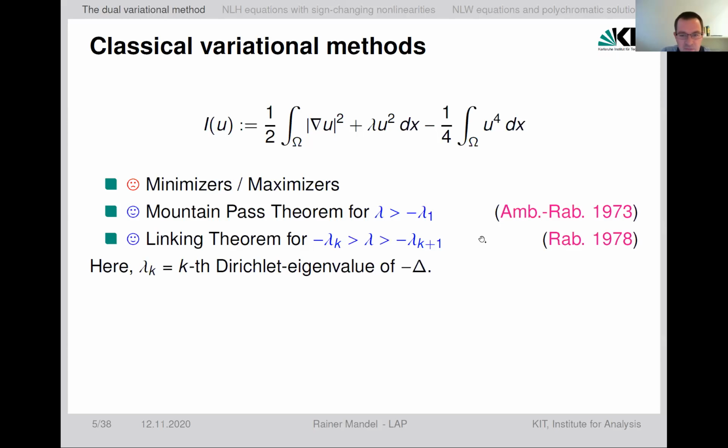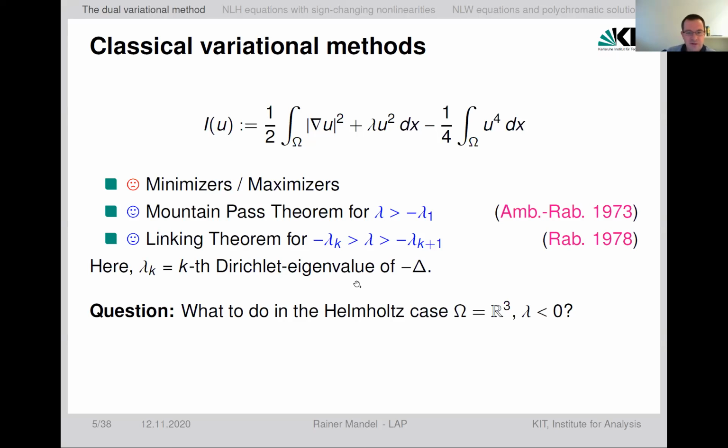The linking theorem gives you a result even when lambda is below that value, strictly contained between two eigenvalues. Then, so to say, you have a quadratic part which has a finite-dimensional non-degeneracy. And for such problems, you still have good tools, like the linking theorem.